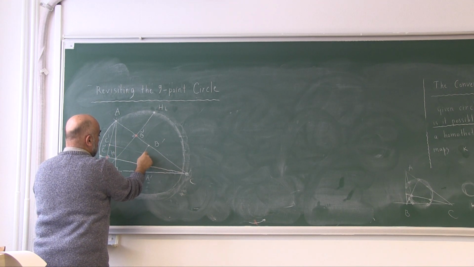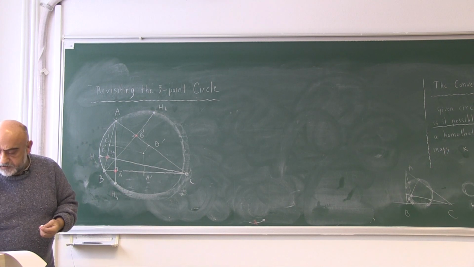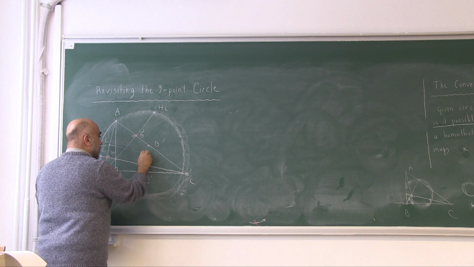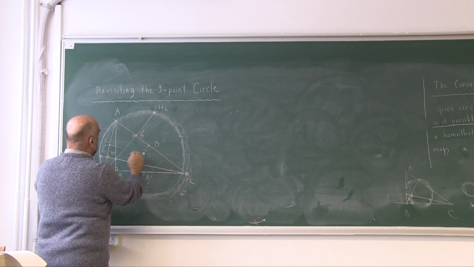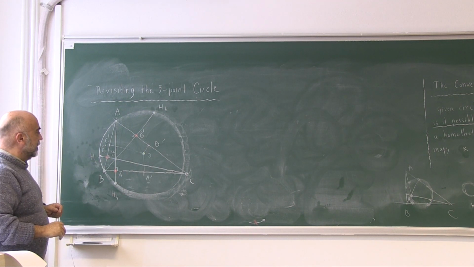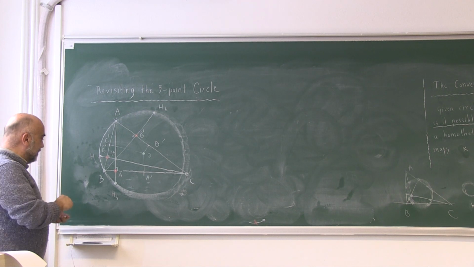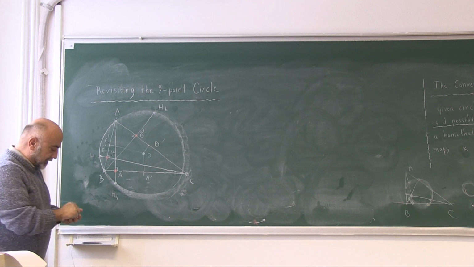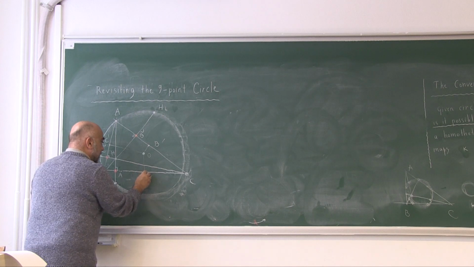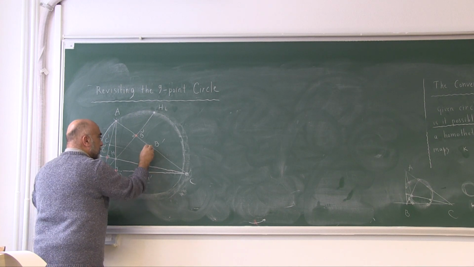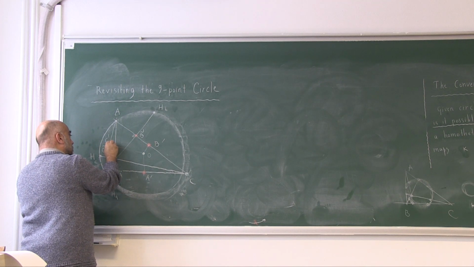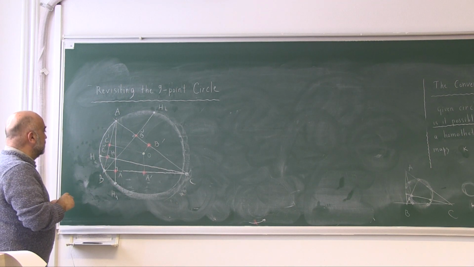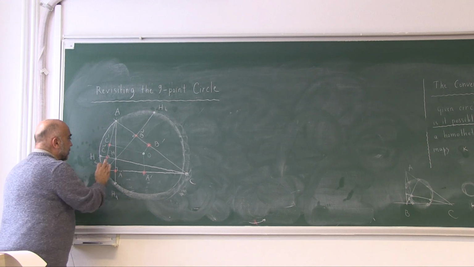So the center of the circumcircle is O, of course. Well, I shall also indicate them in red.